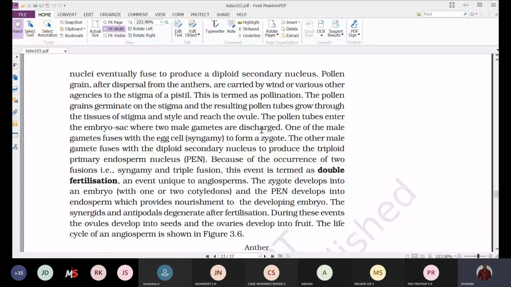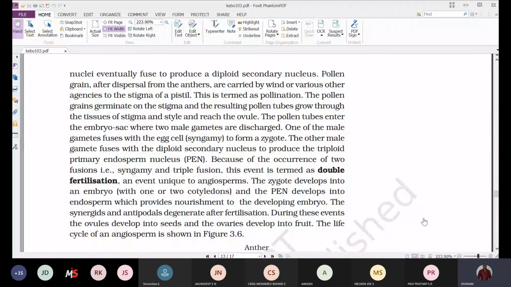So the pollen carries two male gametes, and the pollen tube carries the two male gametes up to the embryo sac and discharges them into the embryo sac.